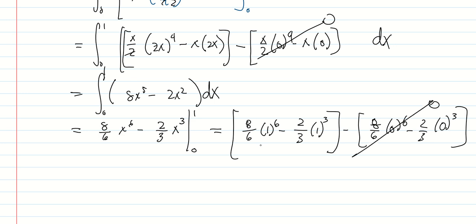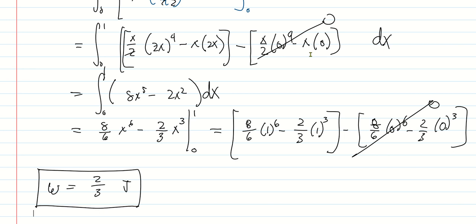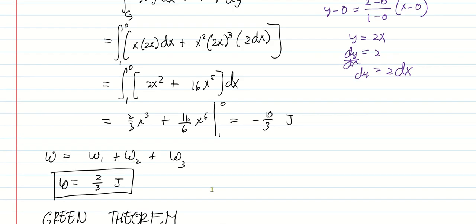So now our work done will be equal to 8 over 6 minus 2/3, and that's just equal to 2 over 3. Yes, it's the same answer here. We also have 2 over 3.